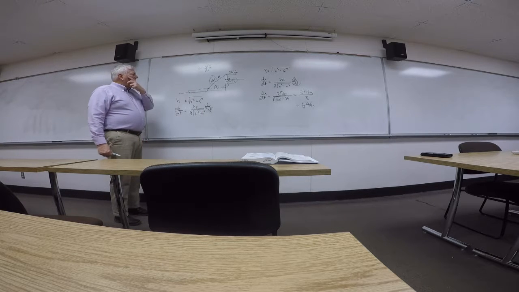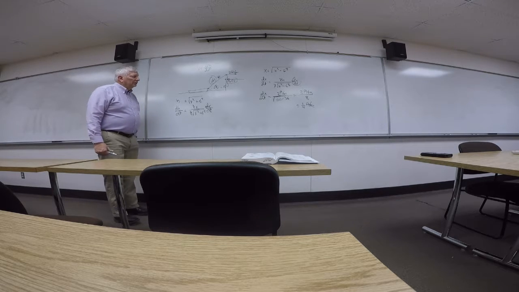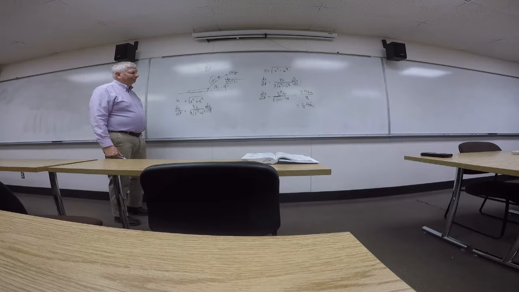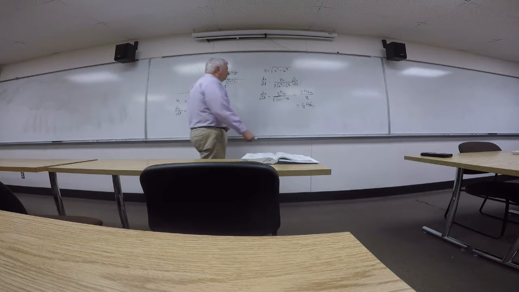x equals the square root of h squared minus 6 squared. Take the derivative of both sides, dx/dt equals 2h over the square root. Oh, here's my problem.